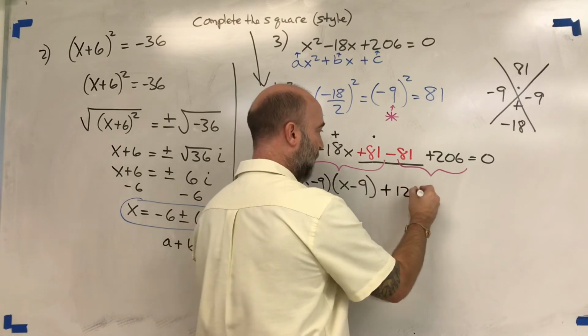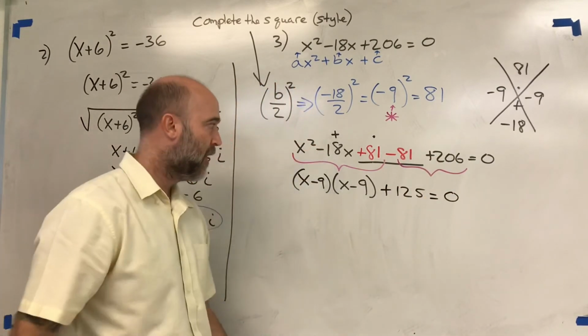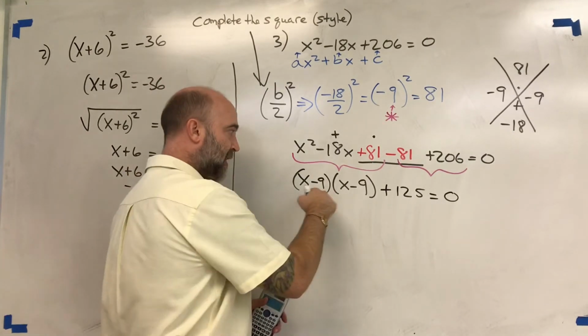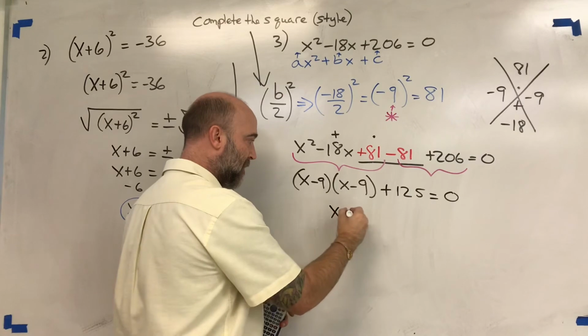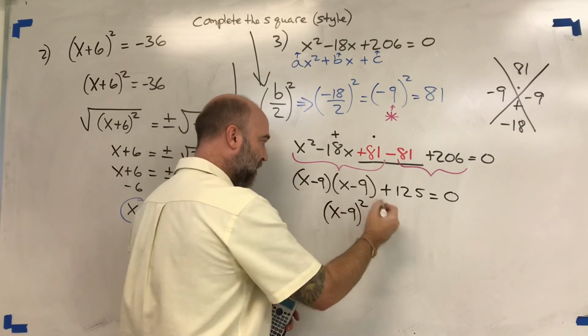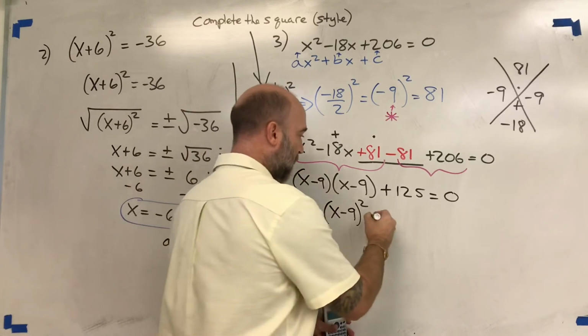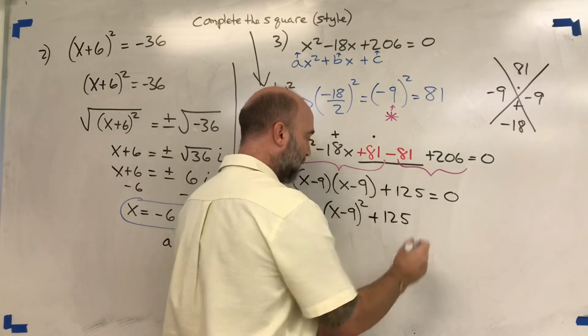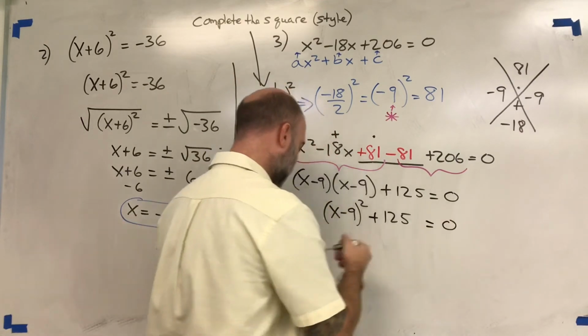Plus 125, I have more positives here. All that's equal to 0. This is the exact same thing times itself. So that's x minus 9. That's what square means: the exact same thing times itself. Plus 125. And then we still have the equal 0.